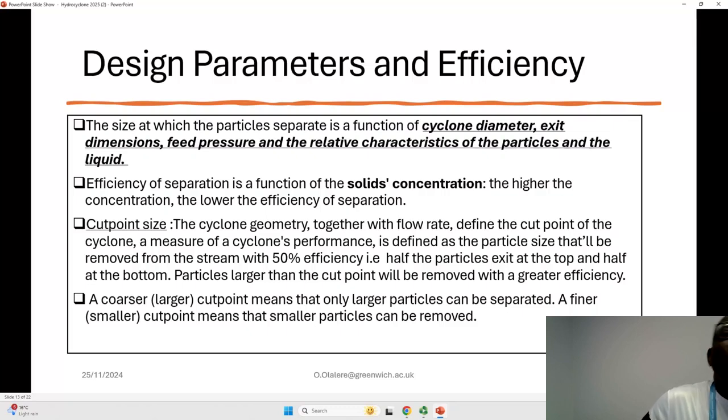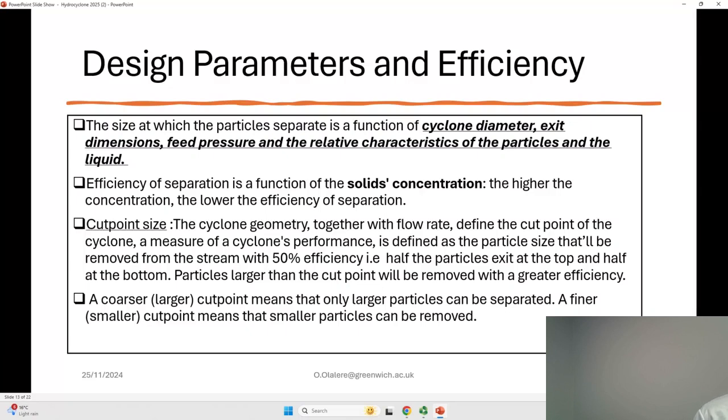Yes, I'm just trying to find a way to explain that. Can someone help me out? It's tricky, right? When you have a larger cut point mark, it means that larger particles will pass. But when you have a lower cut point mark, it means small will be retained. Small will pass. Small will be retained.